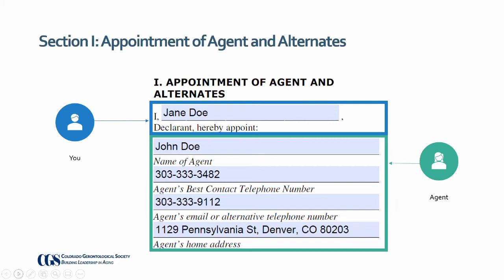And here you will see that it's 303-333-3482. Make sure that you include the full phone number, area code, and everything. Our world now is very different than how it used to be. Years back you knew exactly the area code.